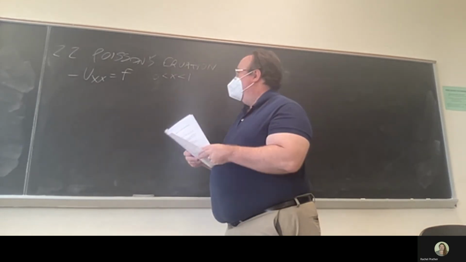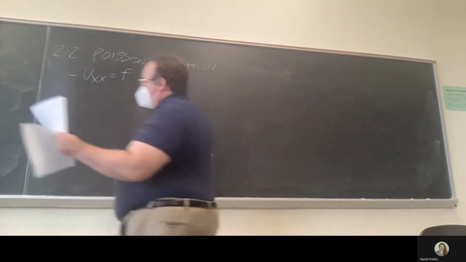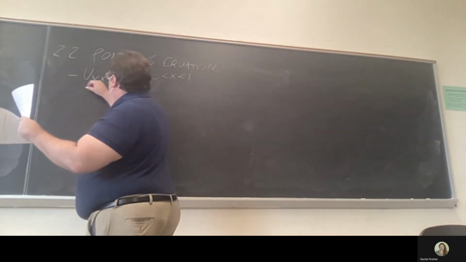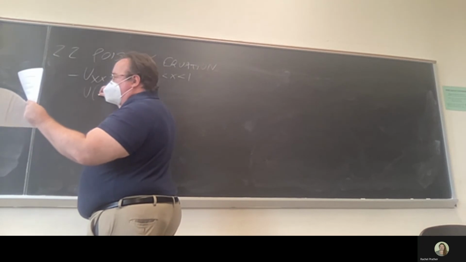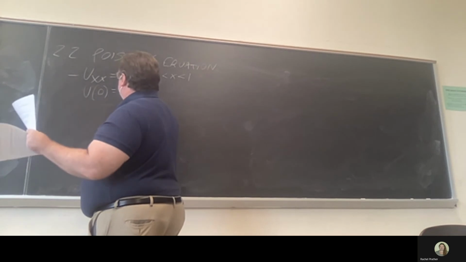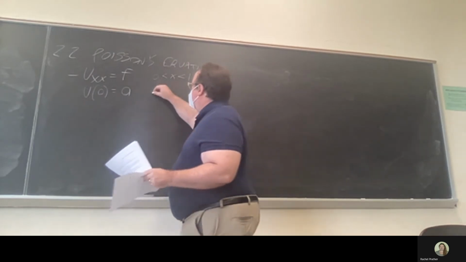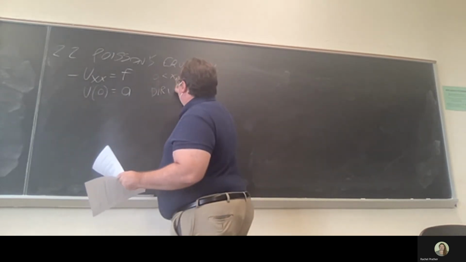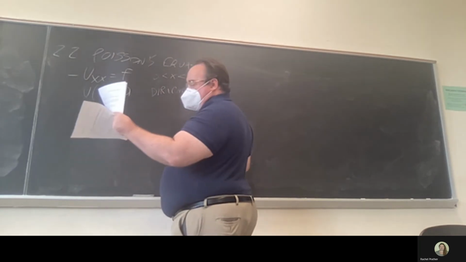But what I'm going to show you here can be applied to PDEs. For instance, if we took this problem from 1 dimension to 2 dimensions, that would be a PDE. At the left boundary, we have the condition u(0) equals a, so this is a Dirichlet boundary condition.